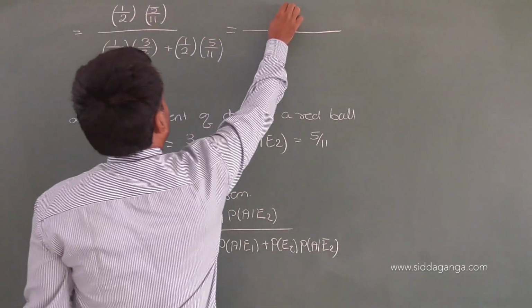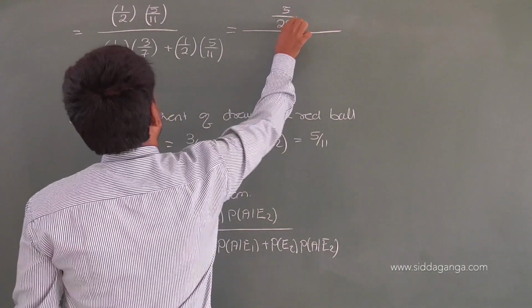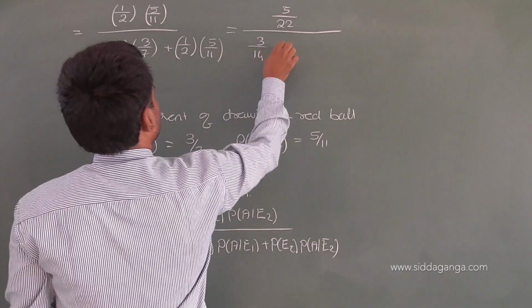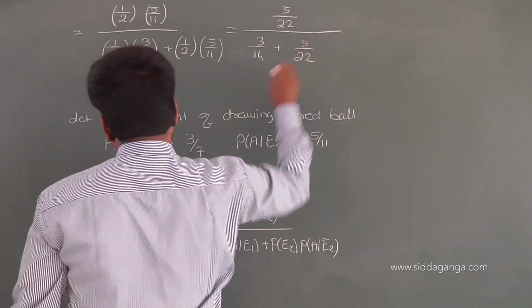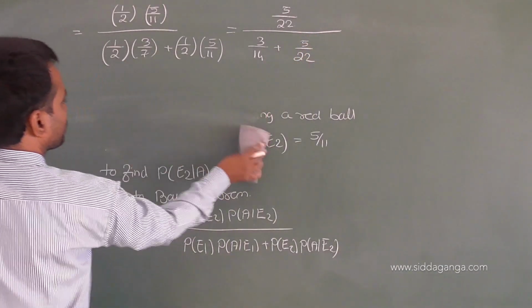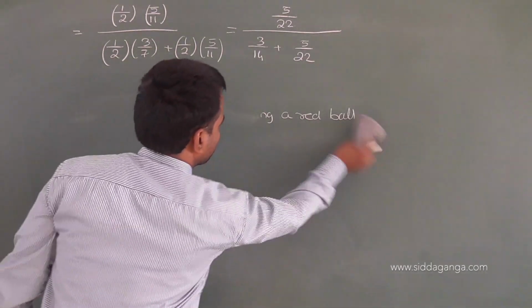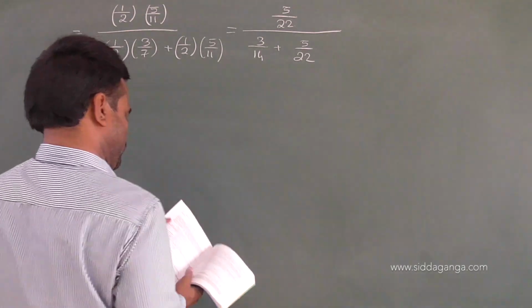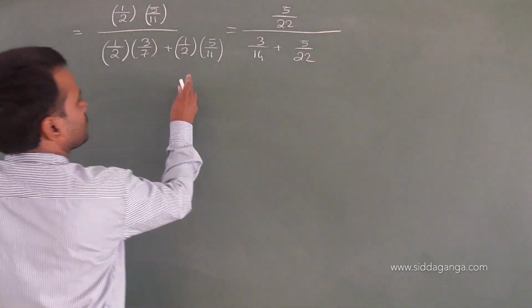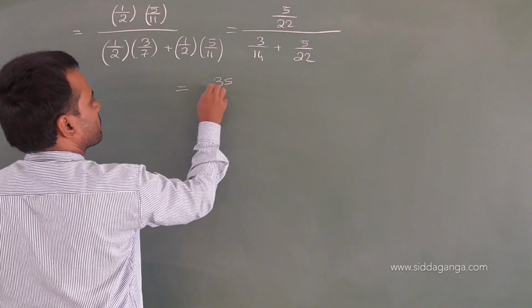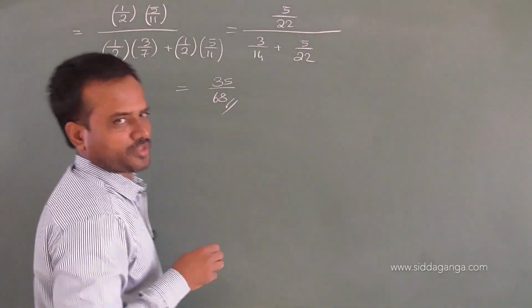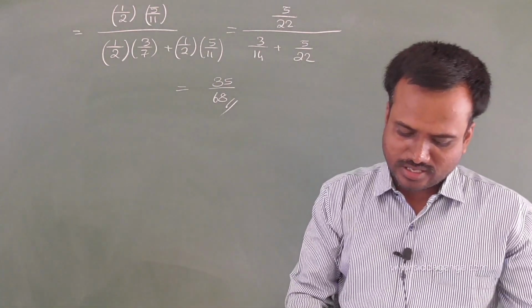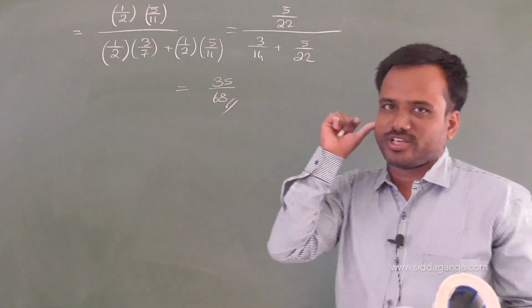So multiply: 5 divided by 22, over 3 divided by 14 plus 5 divided by 22. Thirty-five divided by 68 is the answer.